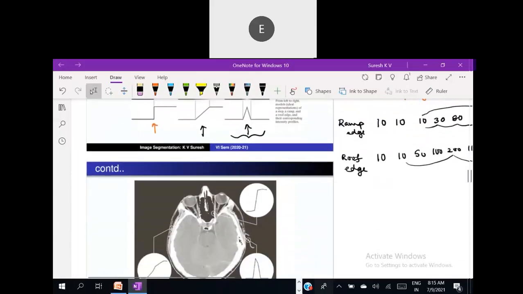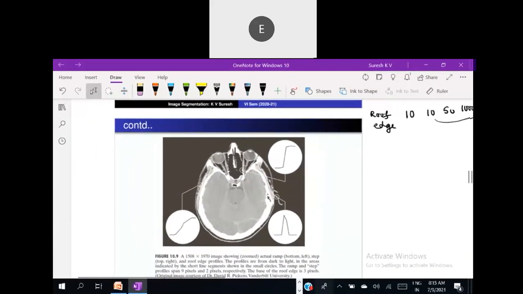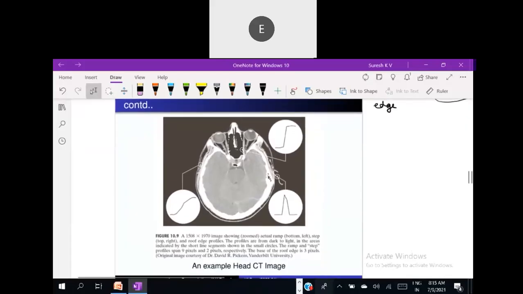Okay. So let us take an example here. This is an example of a medical image. Actually, it is an example of a head CT image. I think the zoomed portions are telling you what type of edges you are having there. For example, if you just look at this, of course, it is not a very straight ramp like this, but you can see it's almost like a ramp.